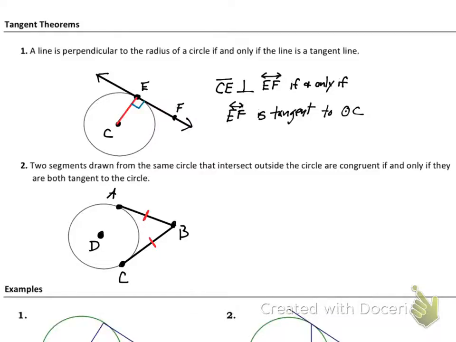So once again, let's put this in writing. Say segment AB is congruent to segment, what did I call it, BC. And I'm going to put a little notation in there. It's a double arrow. That stands for if and only if.